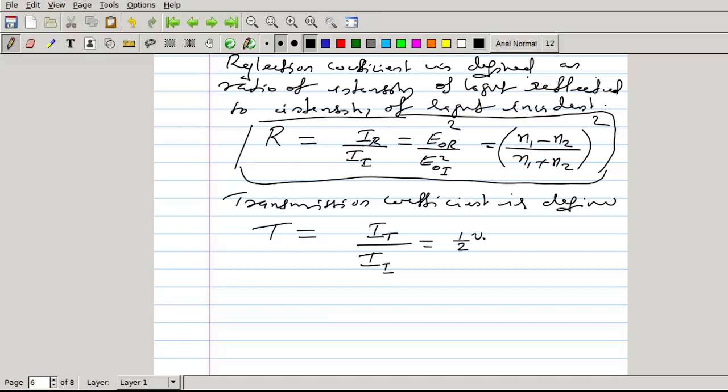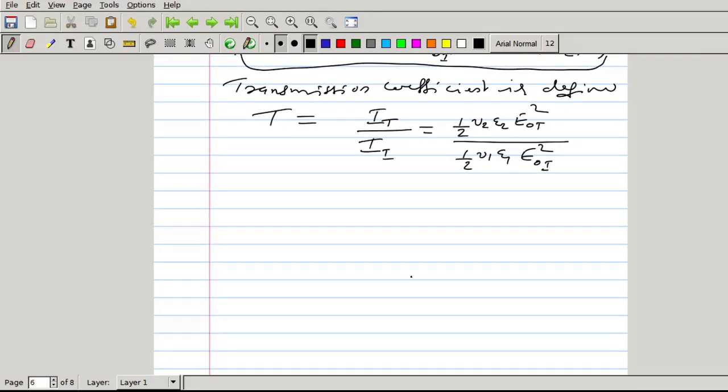Half V2 epsilon2 E0T square by half V1 epsilon1 E0I square. So this will be V2 epsilon2 by V1 epsilon1 into E0T square by E0I square.